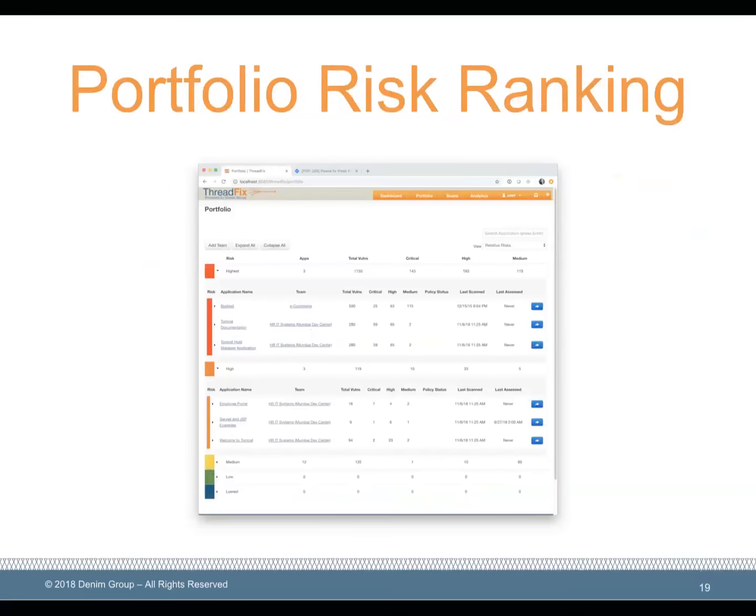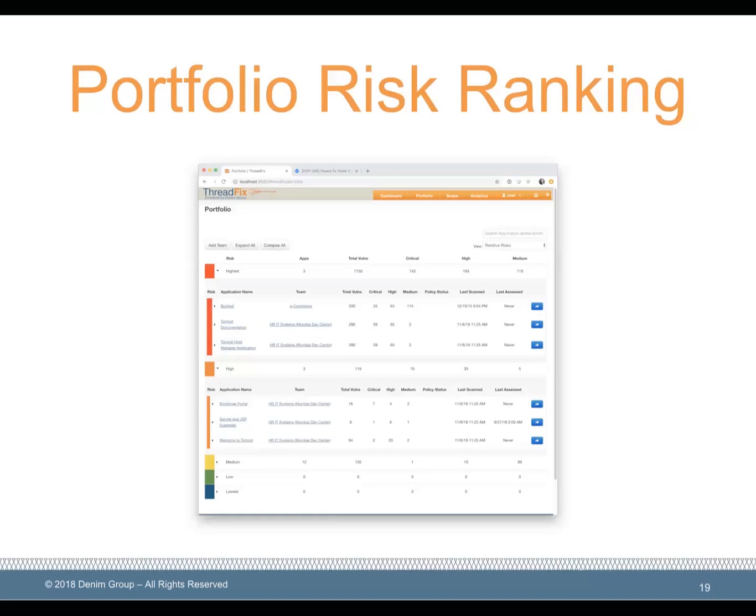One of the new views that we provided with 2.7 is a portfolio risk ranking, and that takes into account a number of factors. It looks at the quantity and the ratios of the vulnerabilities that have been identified, but it also looks at the metadata you have attached to the applications in the portfolio. As you've identified applications that are subject to PCI, or that are public-facing versus internal-facing, all of those factors are loaded in and provide a risk-ranked view into your portfolio.